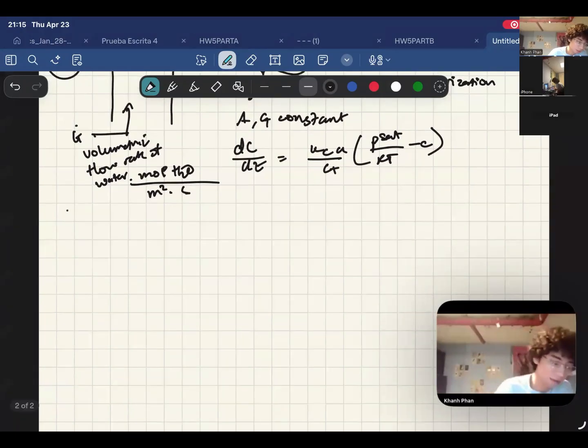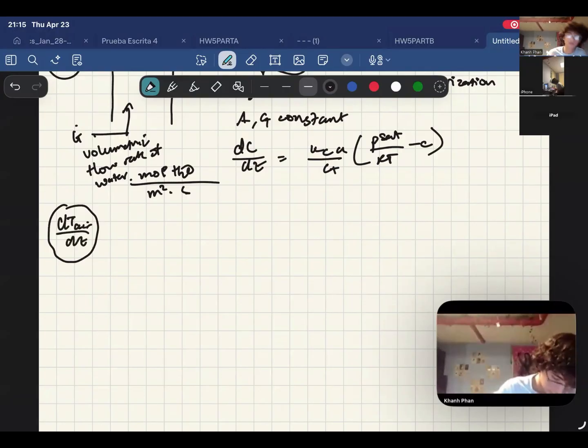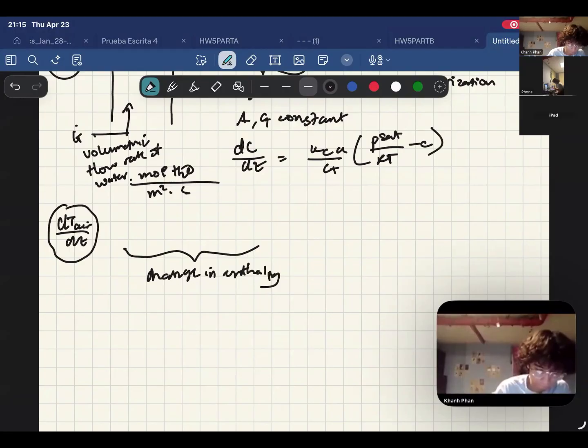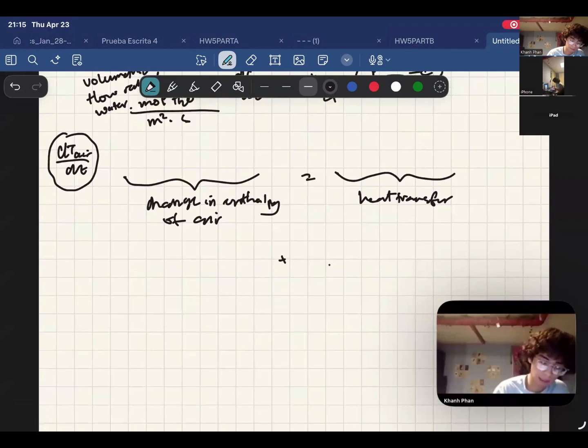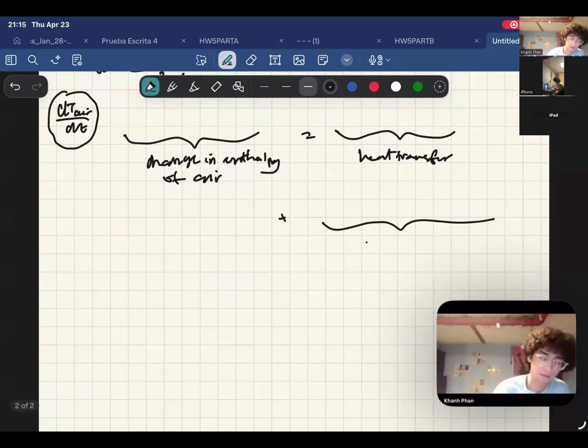And then last, we're gonna work on change in temperature of air with respect to position. So same thing as earlier, we can have change in enthalpy of air, and then we would have heat transfer, and then on the right hand side, we would also have latent heat of vaporization that's released when water vaporizes.